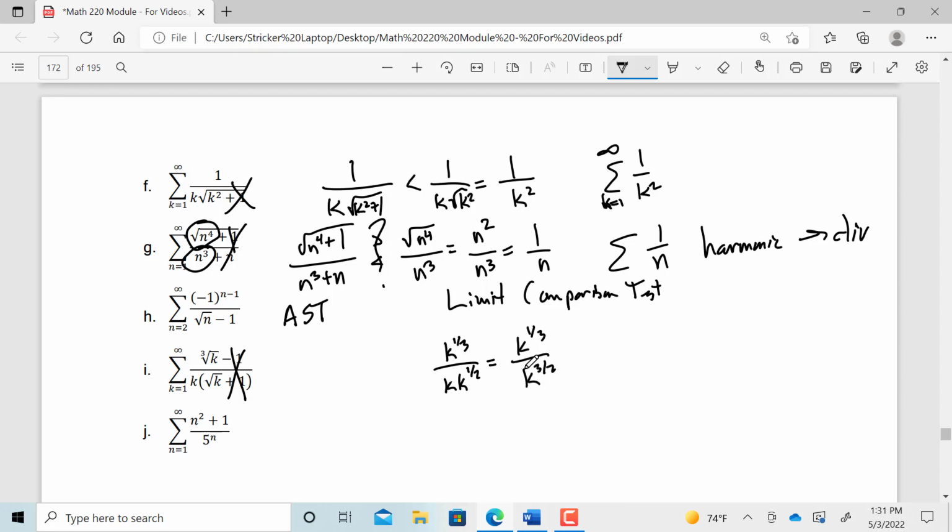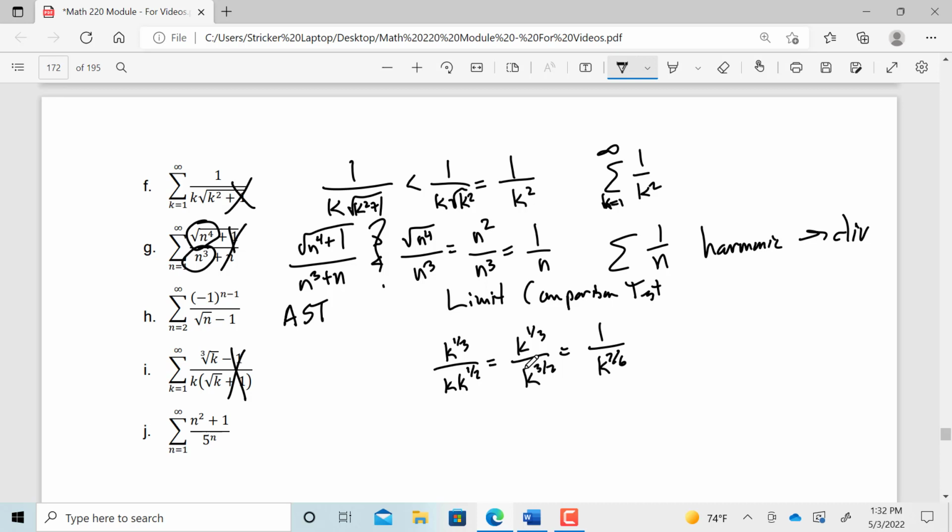And if you subtract 1/3 minus 3/2, I think this is going to simplify to 1 over k to the 7. So that's a p-series, right? I'm going to let you decide whether that's going to be regular comparison test or limit comparison, but it does look like something we want to compare with.